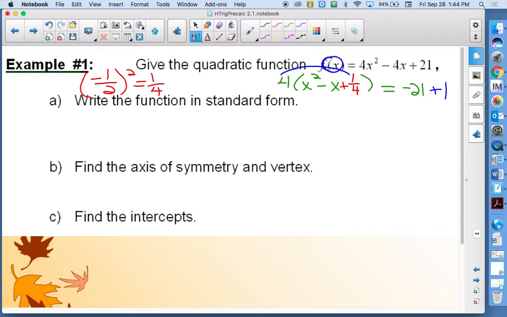The fraction is gone. So factoring, x minus 1/2 squared, because 1/4 is really 1/2 times 1/2. And then it's equal to negative 20.